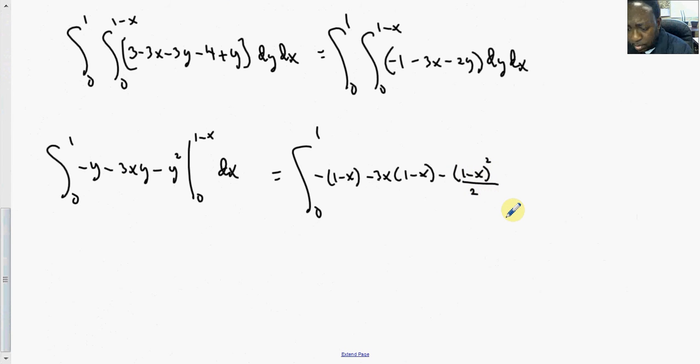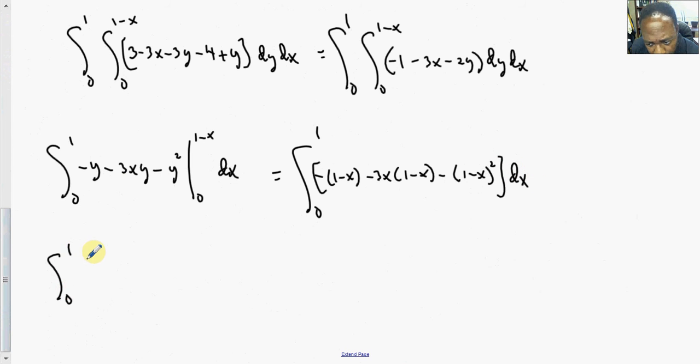Oh, there's no 2 there. We dealt with that. 1 minus x to be squared. Evaluate at 0, then all the terms go out. Need to simplify all of this. This is the integral from 0 to 1. This is minus 1 plus x minus 3x plus 3x squared.